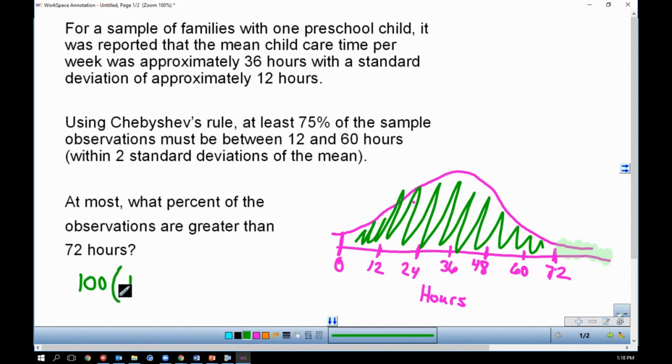So 100 times 1 minus, what is it, 1 over k squared? 1 over 3 squared. What does that give us? 89%.